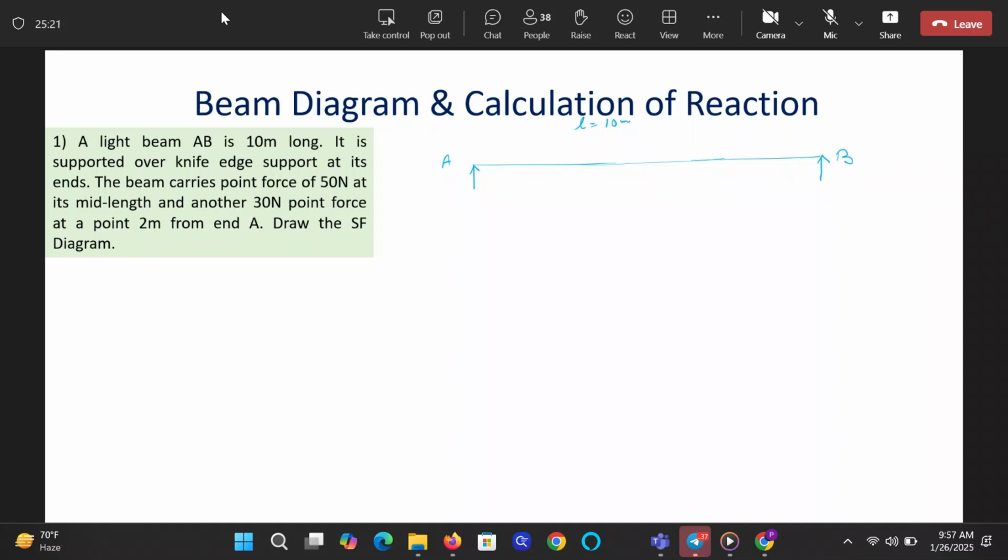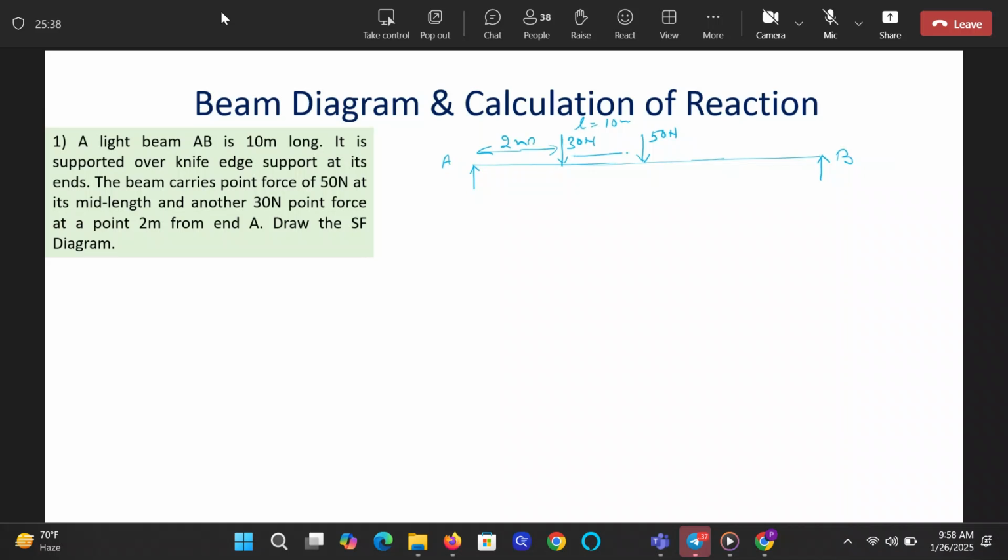I think I marked it a little off the distance.